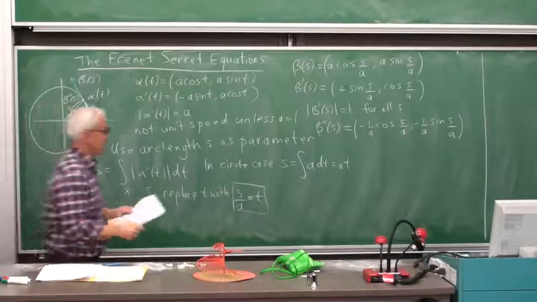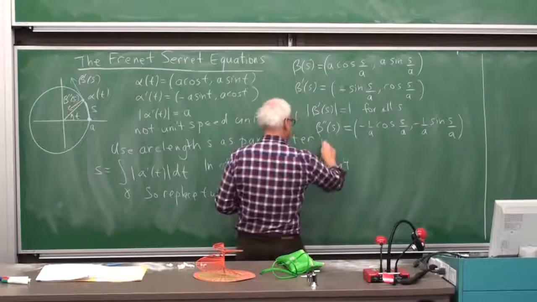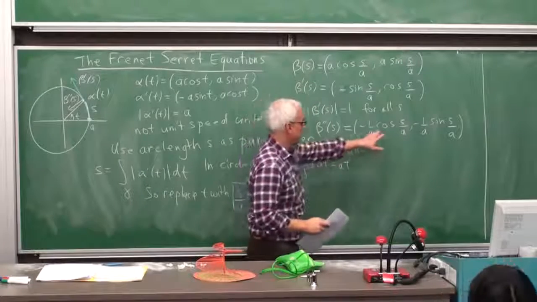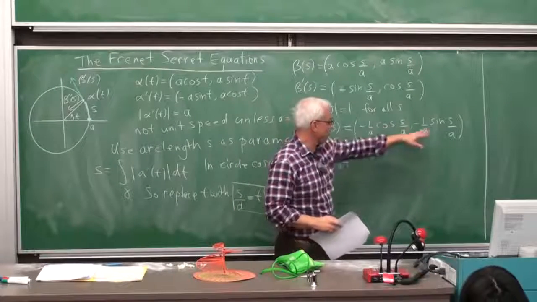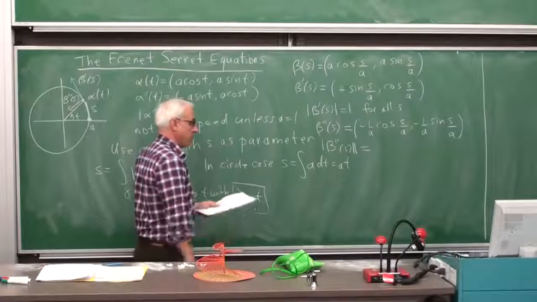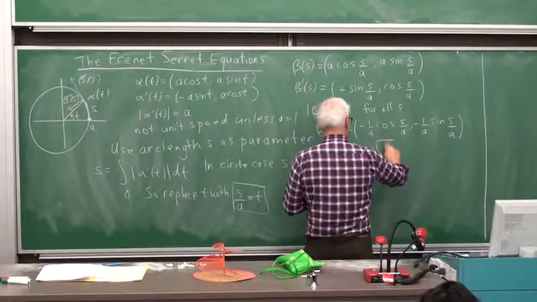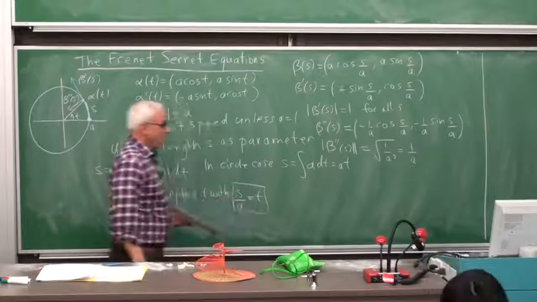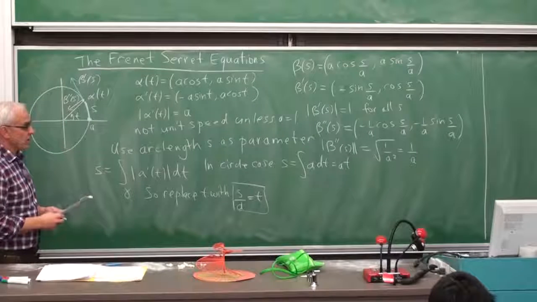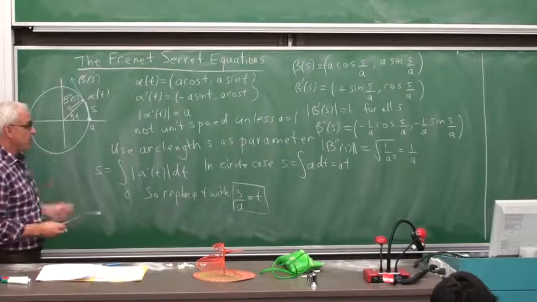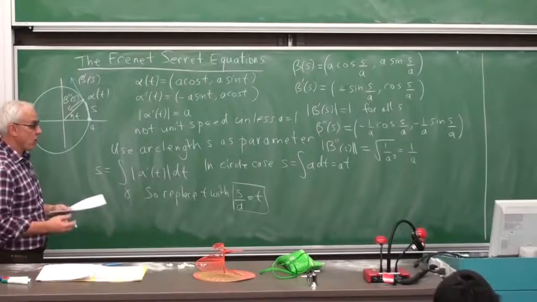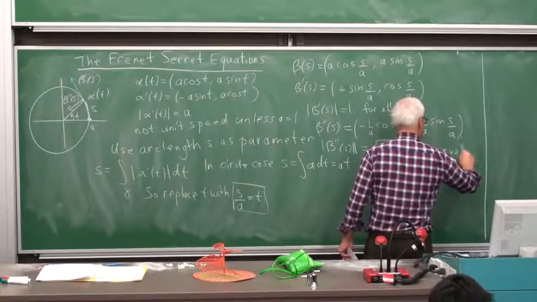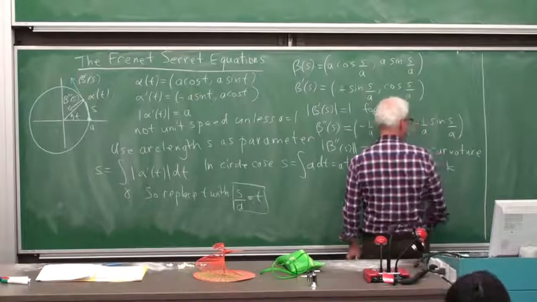And the length of beta double prime of s is, well, still just this squared plus this squared, the cosines squared and sines squared will still add up to 1. And we'll just get the square root of 1 over a squared, which is 1 over a, which is, in this case, the curvature of this circle, what we usually call K.